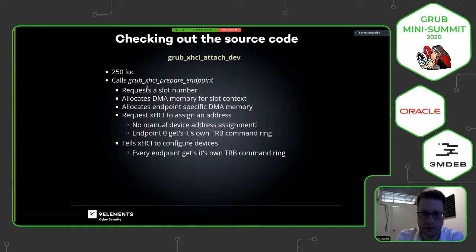It allocates the DMA memory for the slot context and allocates memory for the endpoint command ring. And then it requests the controller to assign an address. So there's no more manual housekeeping of the USB addresses. And this function also sets up the command rings for the other endpoints, not only the first.